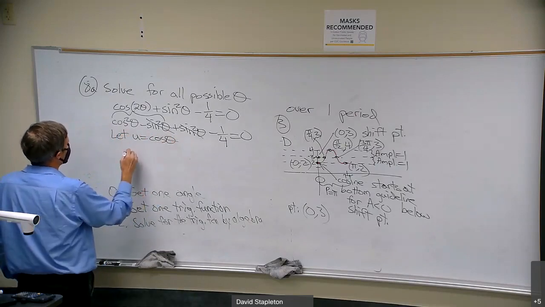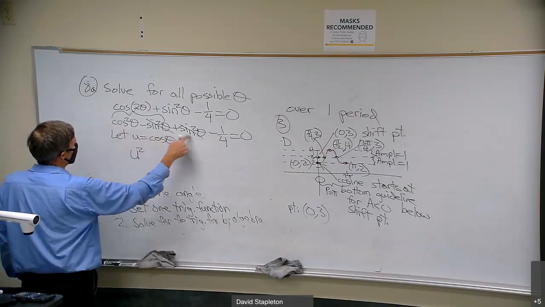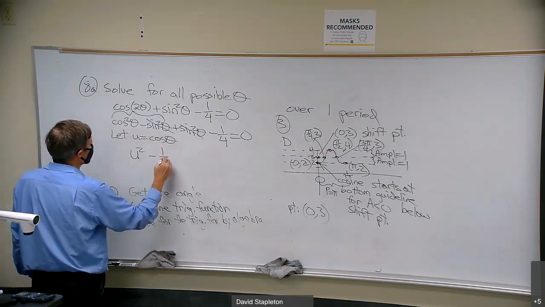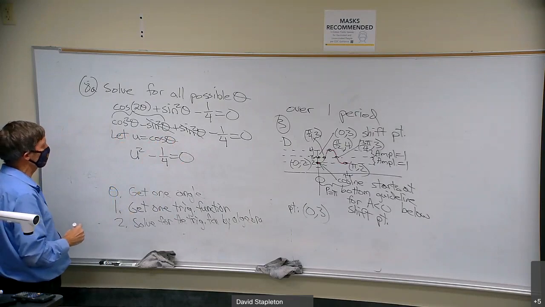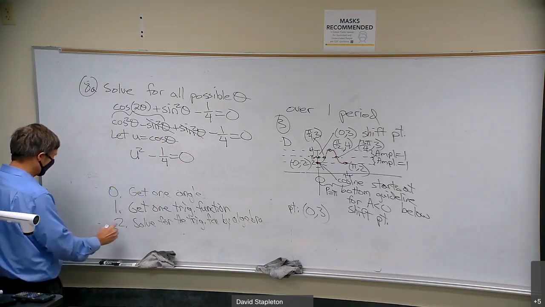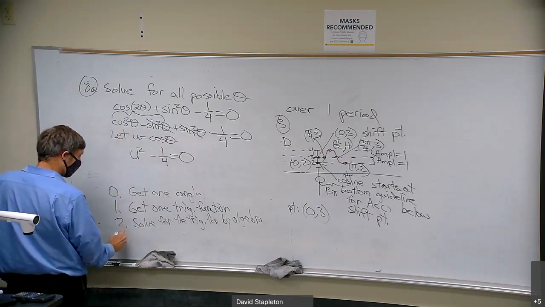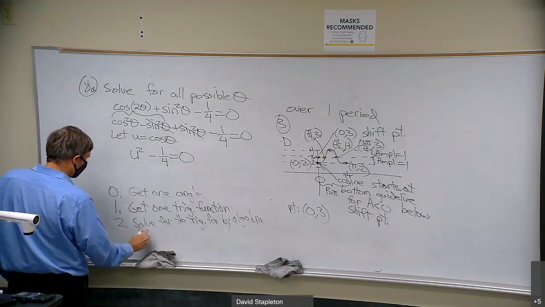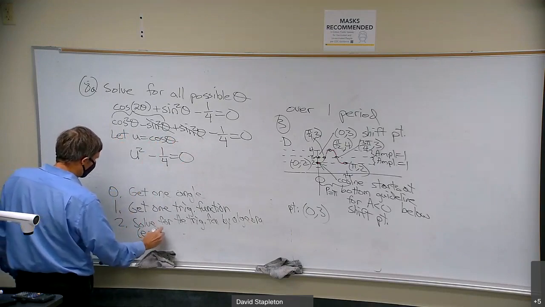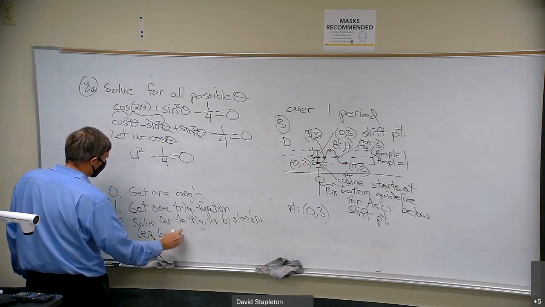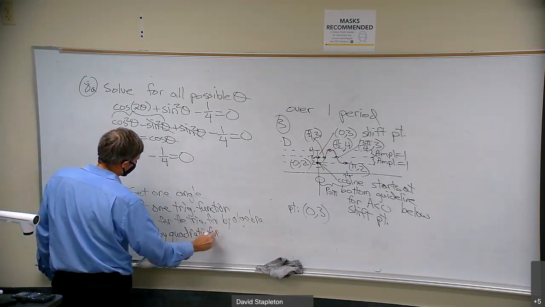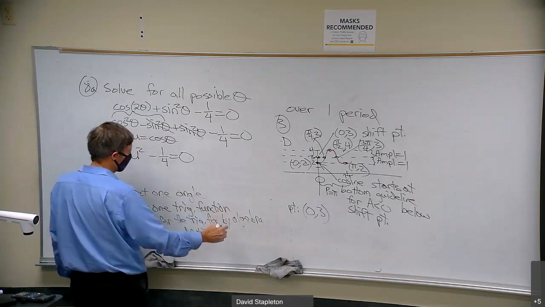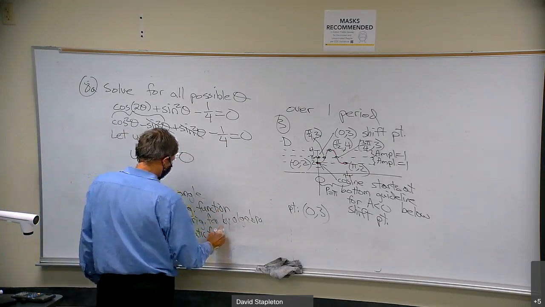And then this becomes u squared minus a fourth equals 0. Oh, it's a quadratic equation. I can always solve this with the quadratic formula, which you should know. So we'll say, e.g., meaning, for example, by quadratic formula or factoring. Or maybe it's just easy. Maybe it's linear. Just subtract b and divide by a.